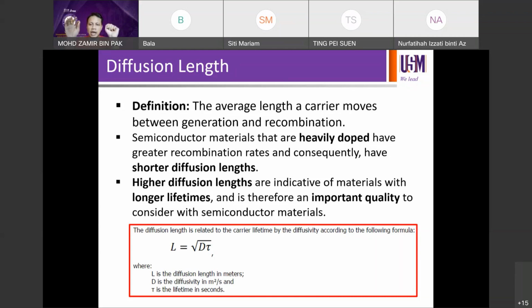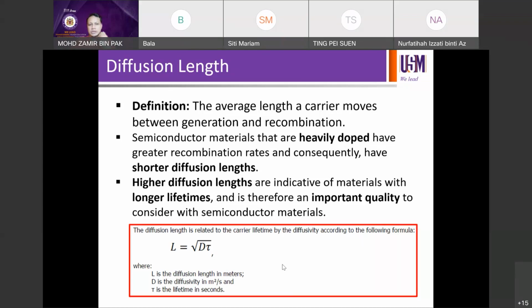Due to heavy doping effect. So high diffusion length is indicative of materials with longer lifetime, and is therefore an important quality to consider with semiconductor materials. So this is one crucial parameter, if you like, if you're working on solar cells, integrated circuits, or some other semiconductor materials.